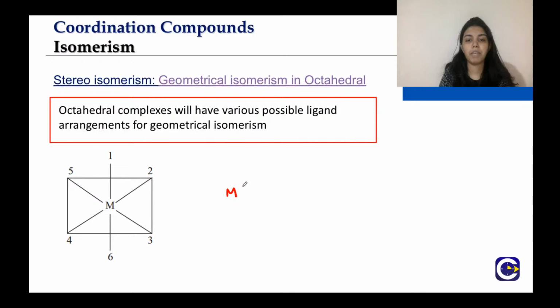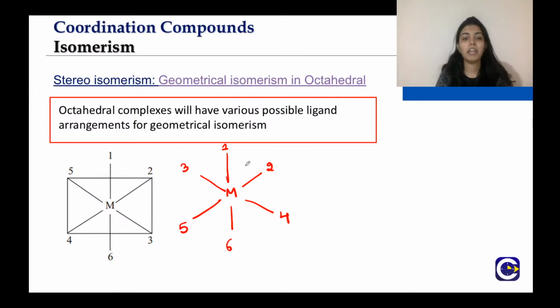I place 2 and 5 like this, 1, 5 like this, 3, 4, 1 and 6. Now here I have changed the position of the ligands, right? So it comes under stereoisomer because I have not changed the connectivity of the atoms. I have only changed the arrangement of the ligands around the central metal atom.